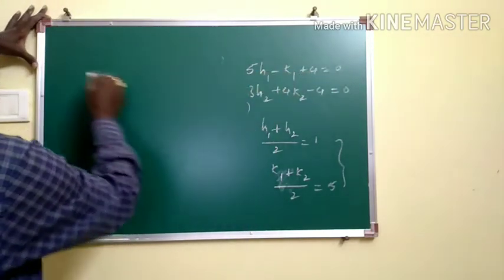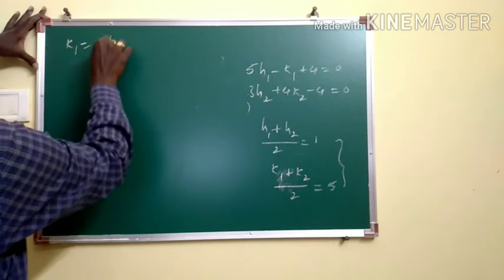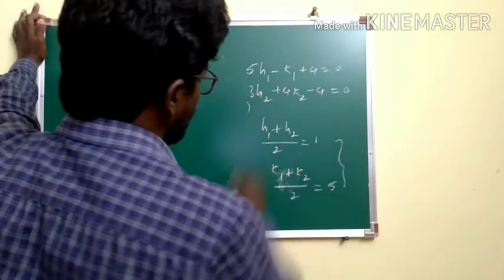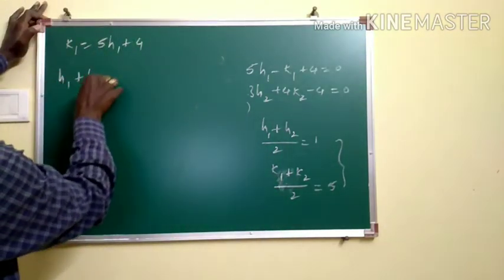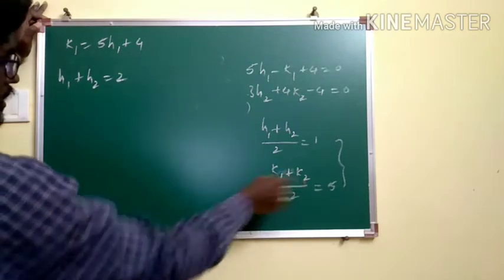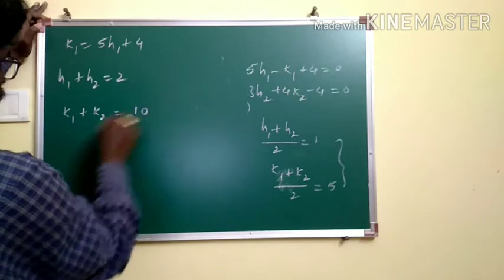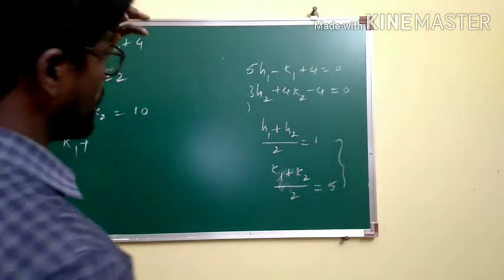Here, with the help of equation 1, I can write k1 is equal to 5h1 plus 4. Here I am taking h1 plus h2 is equal to 2, and here we have k1 plus k2 is equal to 10. K1 plus, what is k2? How can I write k2 here?